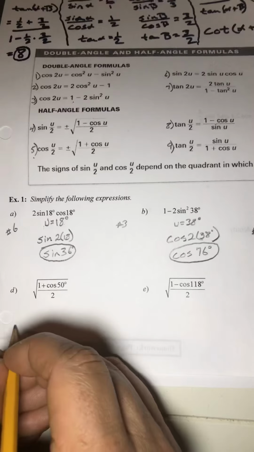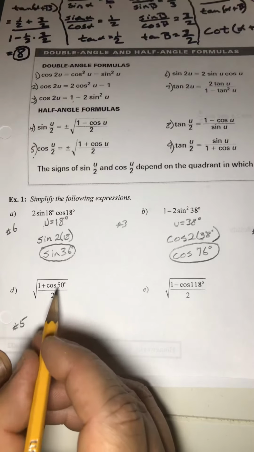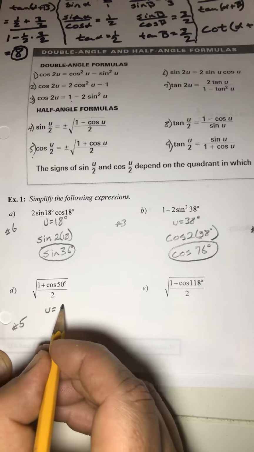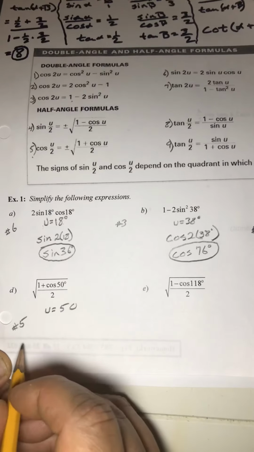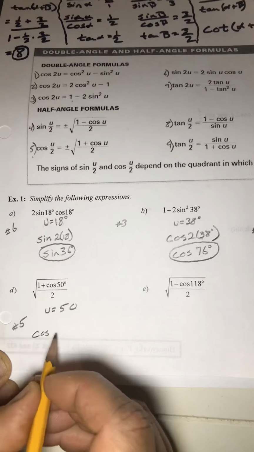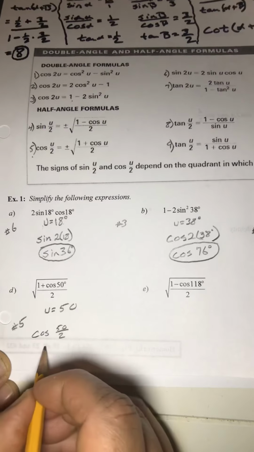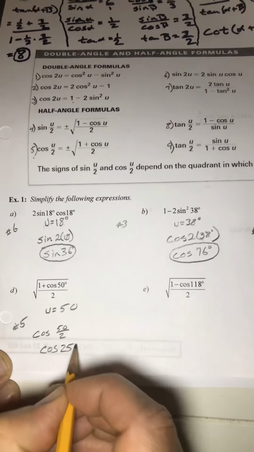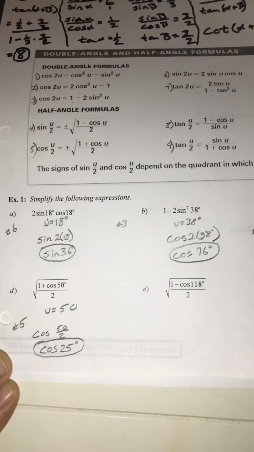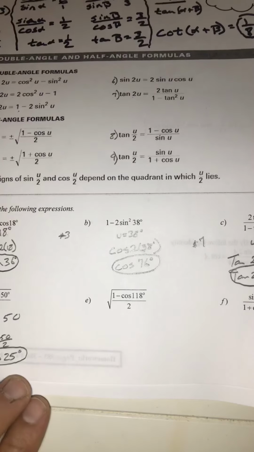Okay, so in number 5, in this case, our u value would be 50, and therefore we're trying to figure out the cosine of 50 over 2, which is just cosine of 25 degrees. So again, just finding your formula.